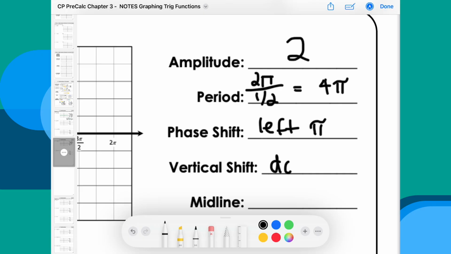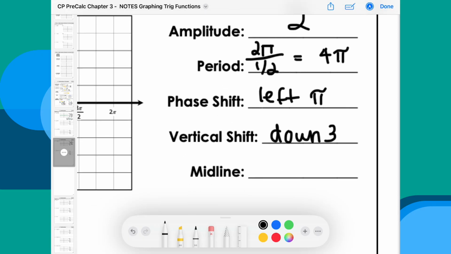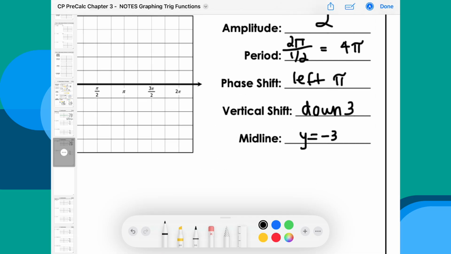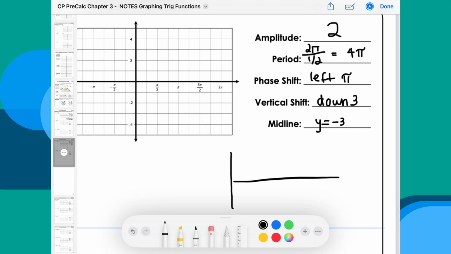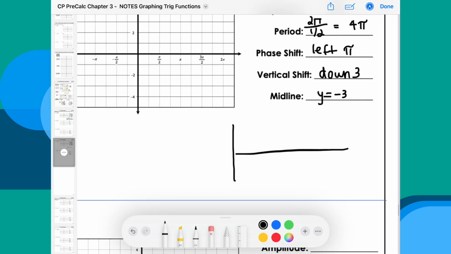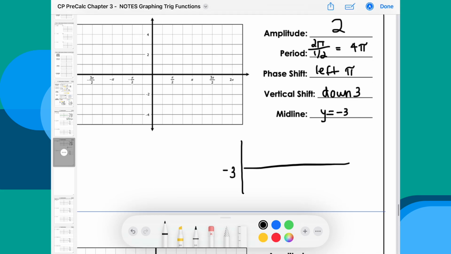Our vertical shift shows us that we're going down 3, and that means we have a new midline at y is equal to -3. Most everything will stay the same. We're still going to sketch out our graph. Now the difference is we are going to put our midline on first. So we know that this is going to be -3. We have an amplitude of 2. So from here to here has to be 2, and from here to here has to be 2.